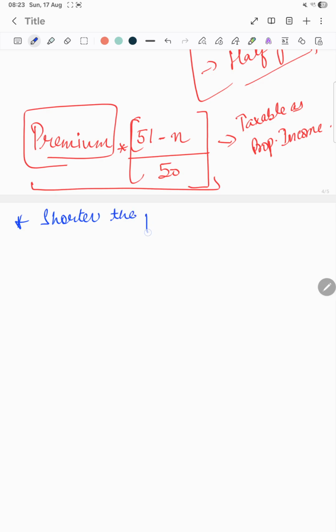Shorter the lease period, more portion of premium will be taxable.